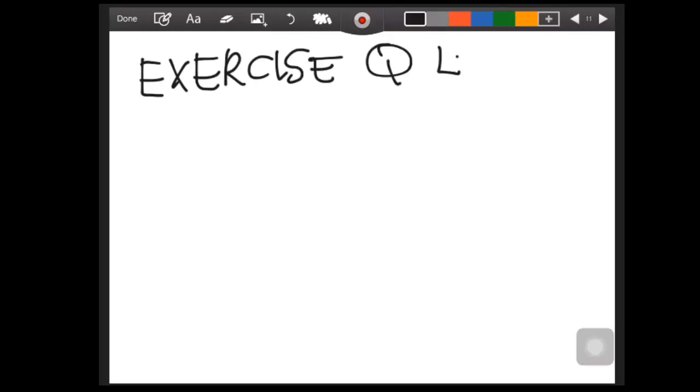Okay, exercise question 4 ni dia lain sikit lah. Dia kata dia nak ZW, Z per W. Okay, dia kata find the ZW, Z over W, ZW and 1 over Z lah.